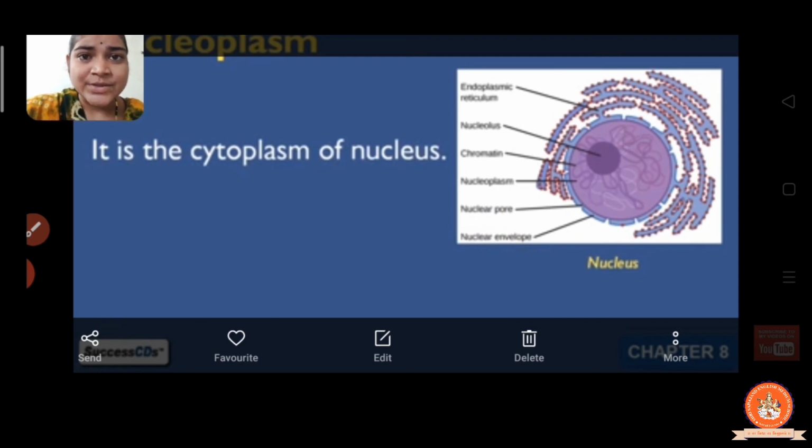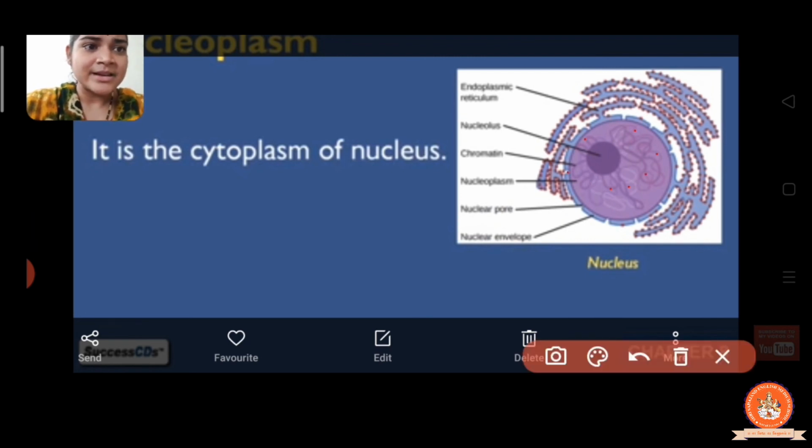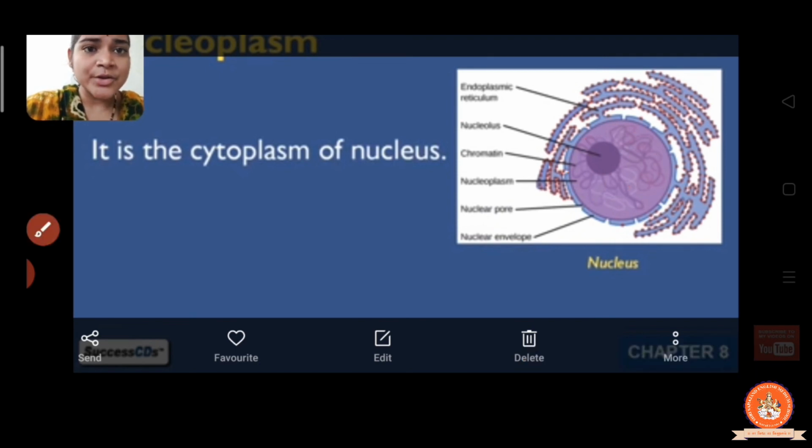Got it? The jelly-like structure present in the cell is called cytoplasm, whereas in the nucleus the liquid substance is called nucleoplasm. Got my point?